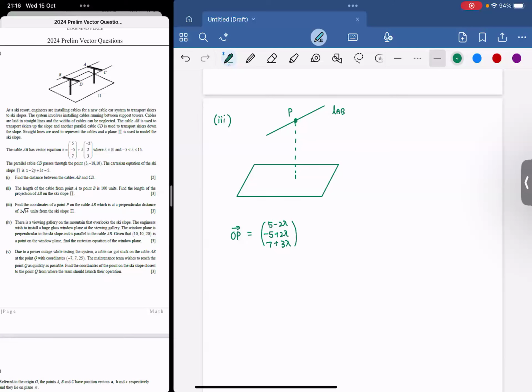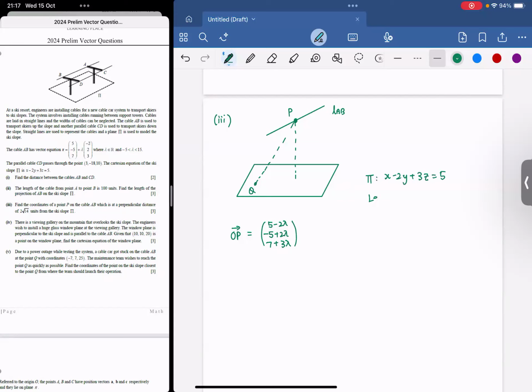Again, I want to form a right angle triangle, so I just choose a random point on the plane. I call it Q. So how do we find Q? You know your plane has this equation, x minus 2y plus 3z equals 5. As long as any coordinate satisfies this equation, it will be on the plane.